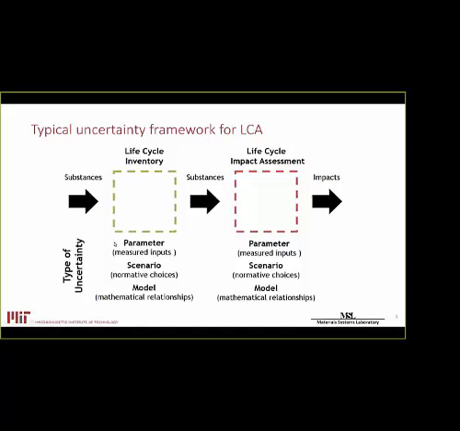And people usually talk about parameter uncertainty, which is about the input, scenario uncertainty, which is about choices, and model uncertainty, which is about mathematical relationships. And while some of that is useful, as I'll talk about, it also can be difficult to sometimes tell them apart. And so we have some other ways to think about that. But generally, people do differentiate uncertainty in the life cycle inventory as opposed to in the life cycle impact assessment.